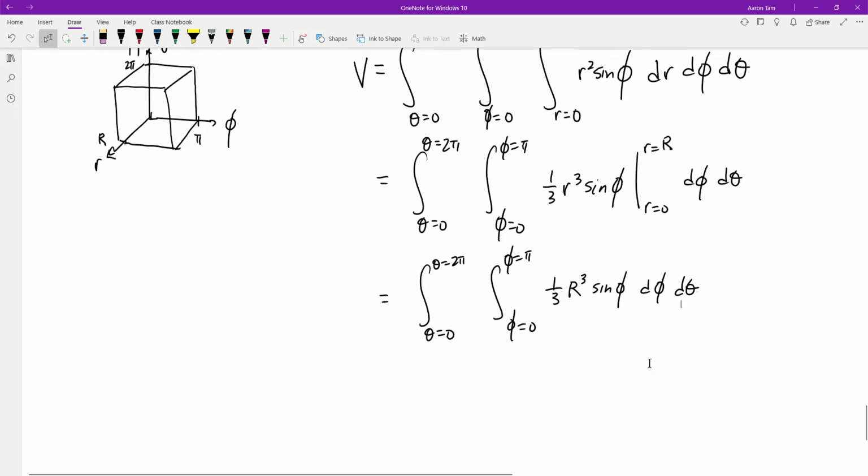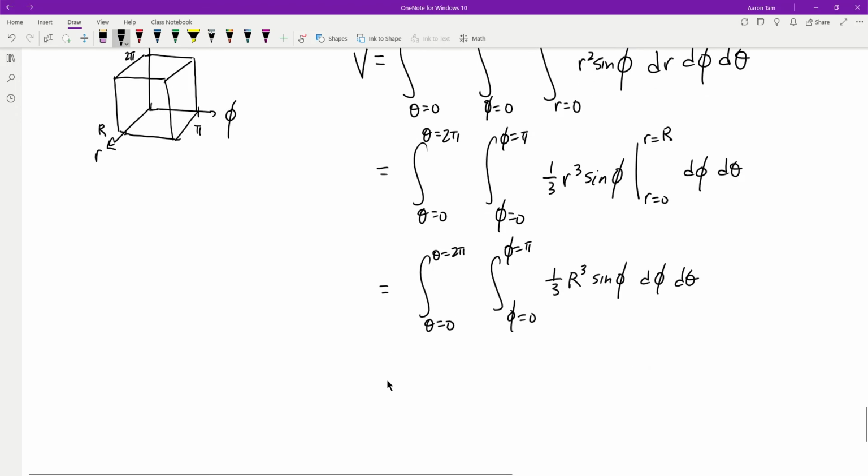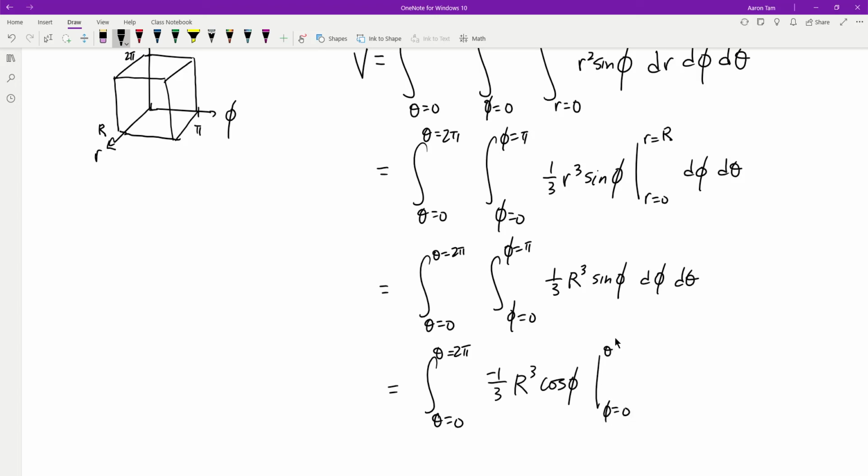So now if I integrate that with sine phi d phi, d theta, theta goes from 0 to 2 pi, and this integral becomes 1/3 R to the third. The integral of sine phi is negative cosine phi, evaluated from phi equals 0 to pi, d theta.